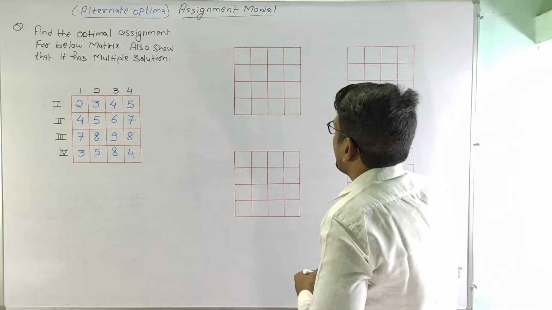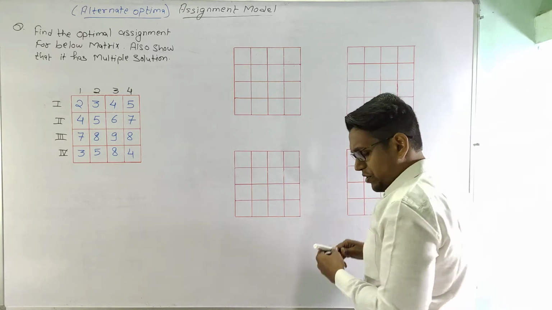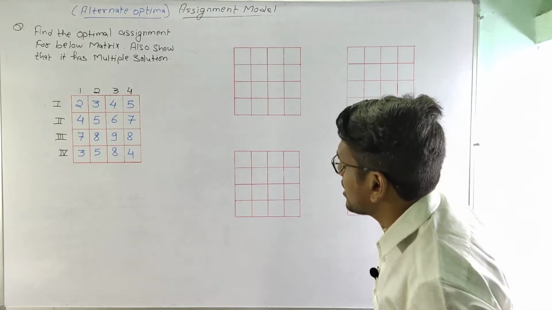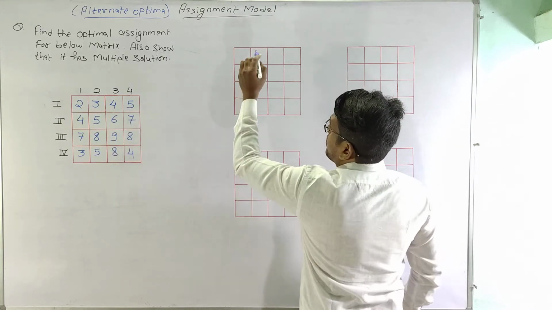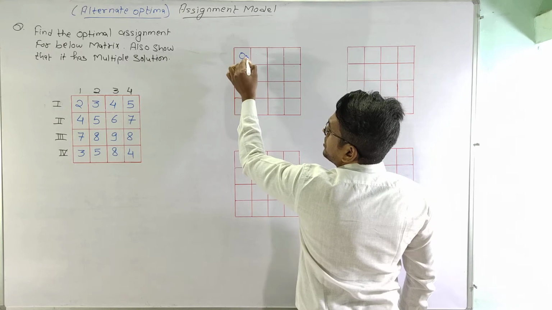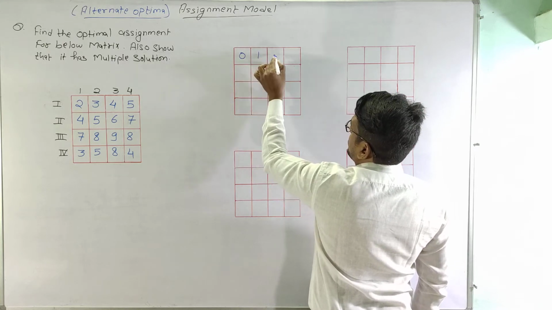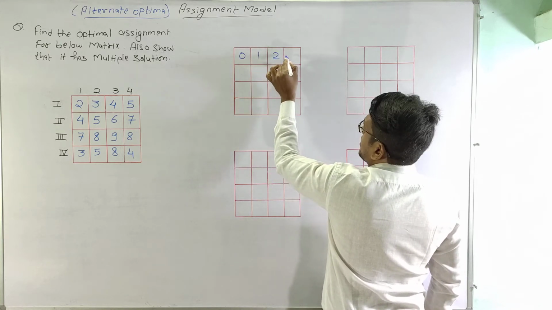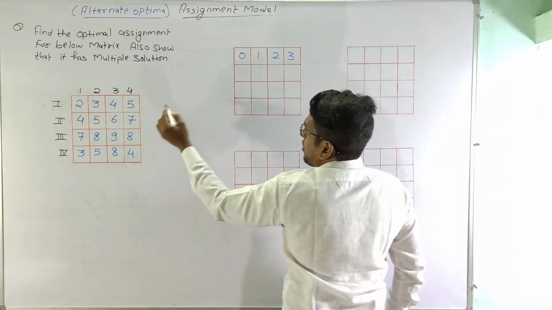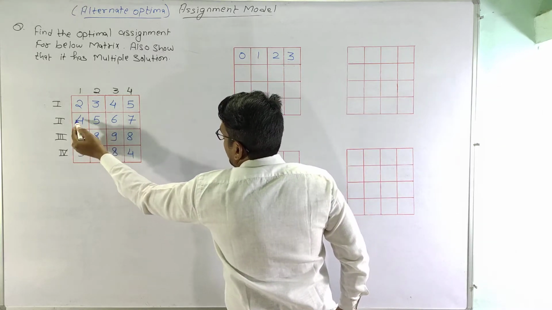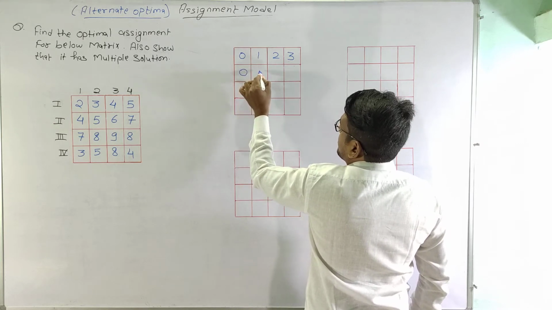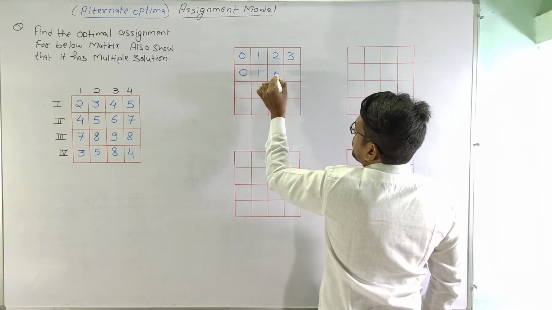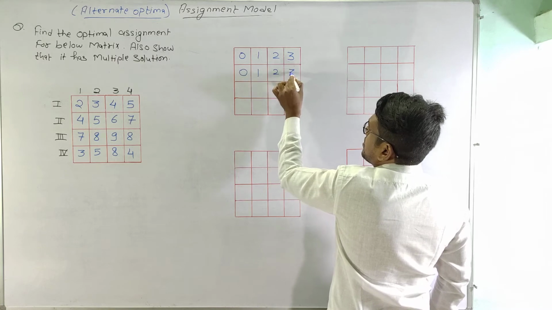So let us start. First we will do the row reduction, and we can see that for row 1 the minimum value is 2. So 2 minus 2 is 0, 3 minus 2 is 1, 4 minus 2 is 2, 5 minus 2 is 3. For the second row the minimum value is 4, so 4 minus 4 is 0, 5 minus 4 is 1, 6 minus 4 is 2, 7 minus 4 is 3.